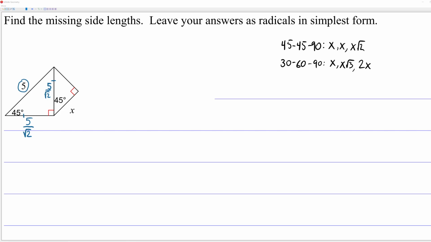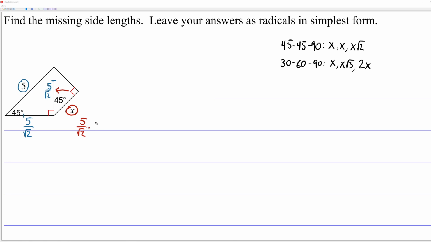However, it's the hypotenuse of the triangle on the right. Notice this is across from the 90-degree angle. So in the triangle on the right, 5 over the square root of 2 is the hypotenuse, and we want to go to one of the legs. So we have to get smaller, meaning we have to divide by the square root of 2. So we're going to take 5 over the square root of 2 and divide by the square root of 2 again.